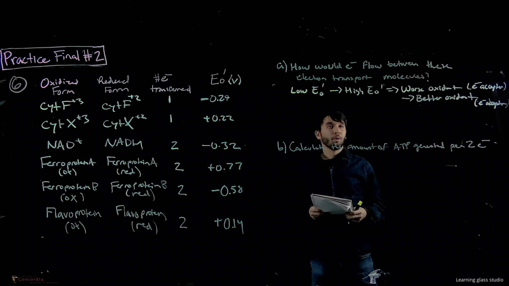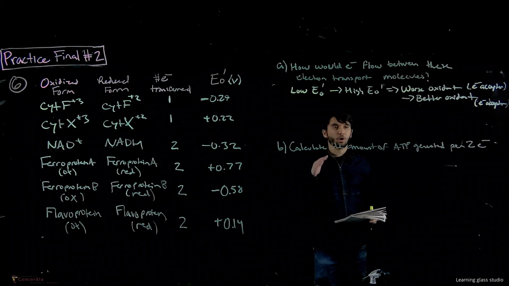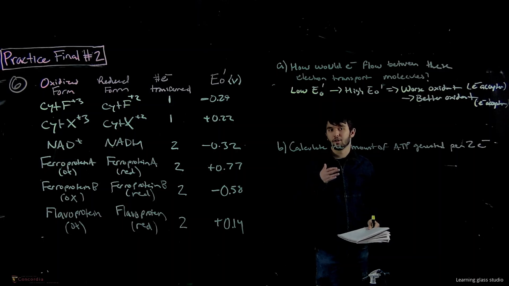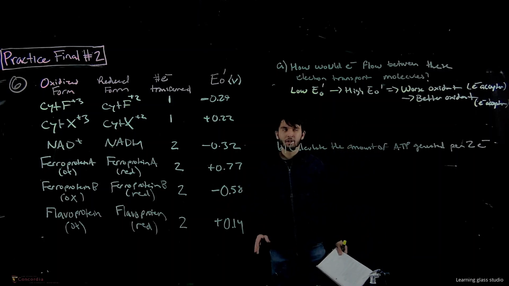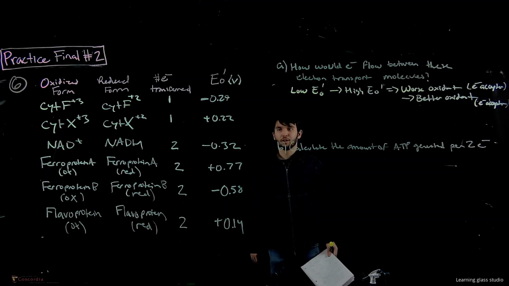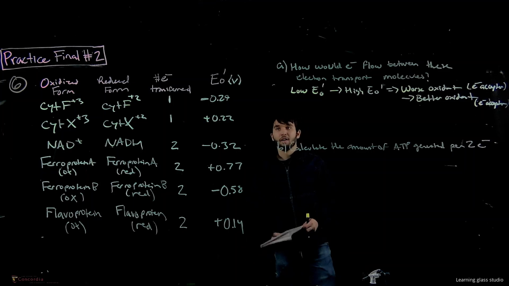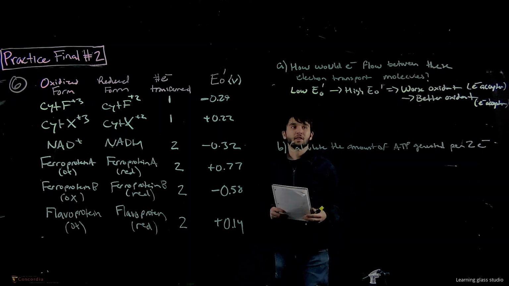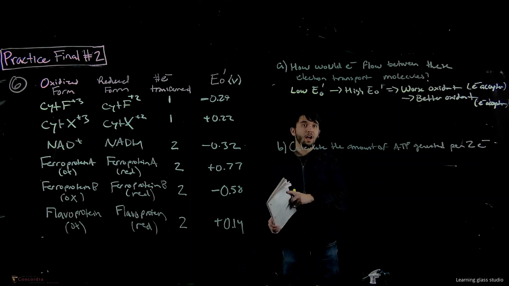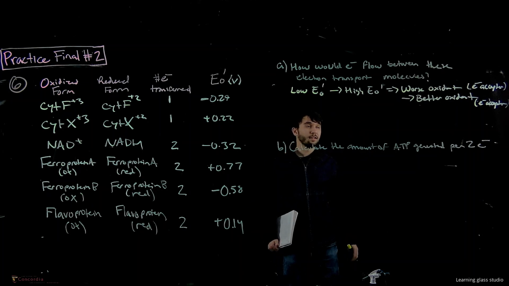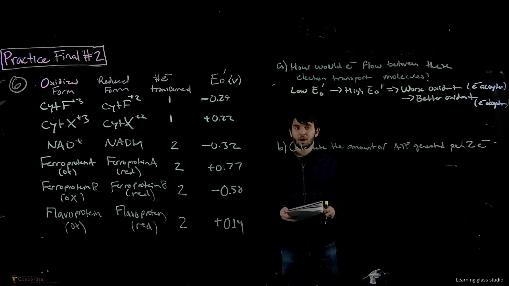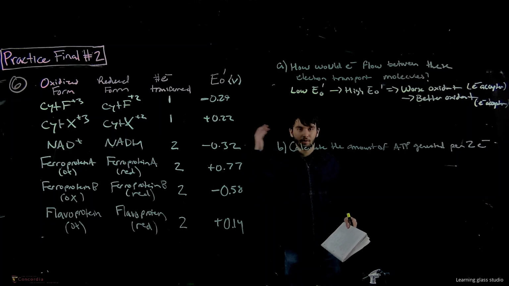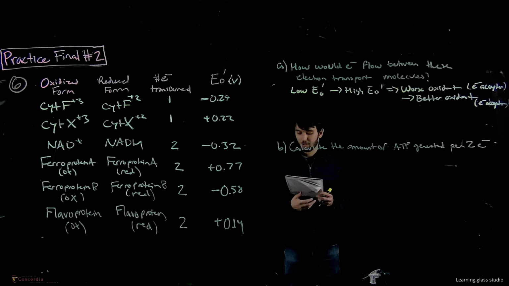So we're going to go from the worst electron acceptor to the best electron acceptor. That makes sense because in the normal electron transport chain, oxygen is the final electron acceptor. Oxygen would have the highest standard reduction potential, and what that means is that it is the best electron acceptor. We know that because it's very electronegative, it really wants those electrons.